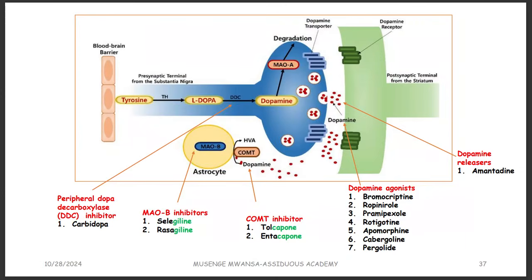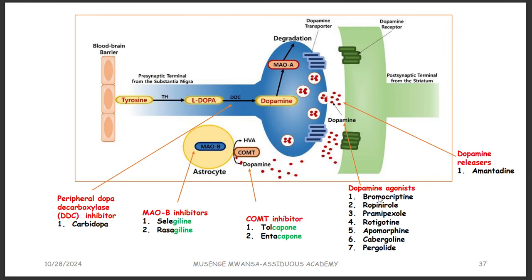And this is a nice diagram showing, I've tried to put everything on one slide here. You can see the carbidopa can inhibit the conversion of L-dopa to dopamine. And then you have got MAO-B inhibitors which end in -giline: selegiline, rasagiline. And then you have got the COMT inhibitors which end in -capone: tolcapone, entacapone. And then you have got the dopamine agonists.